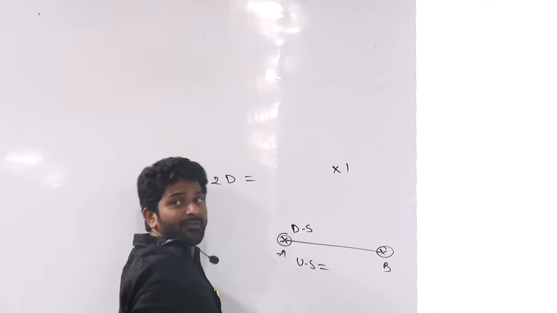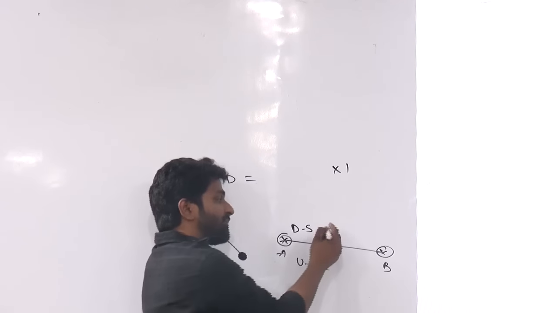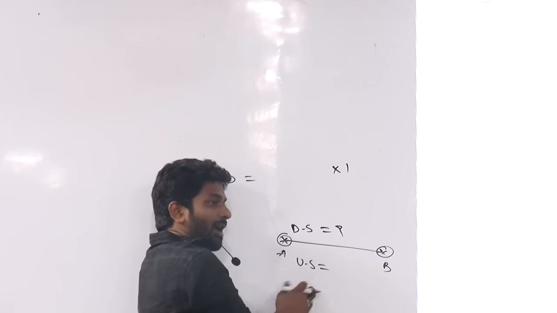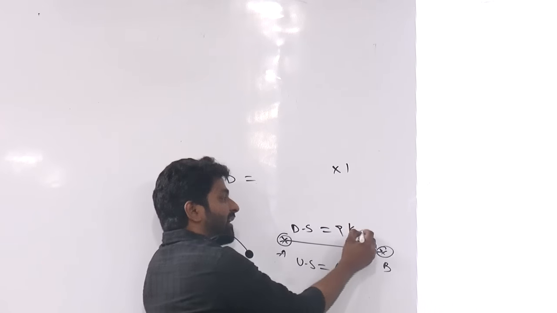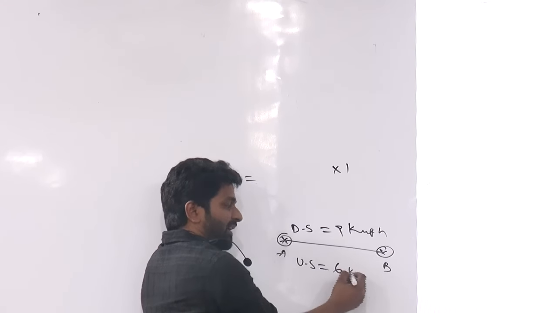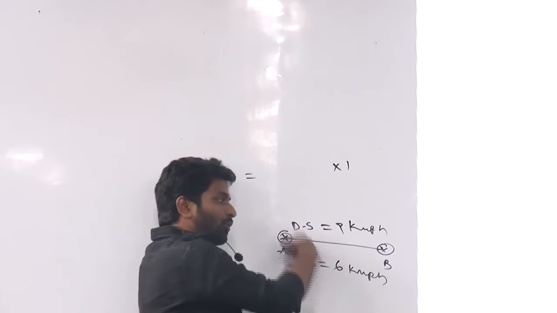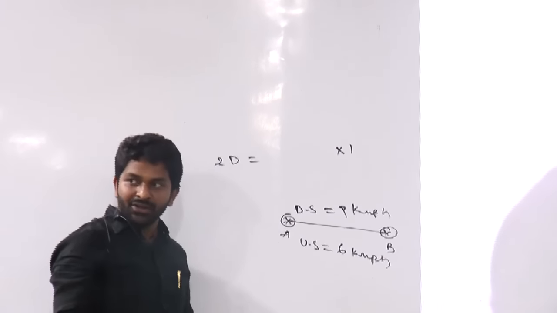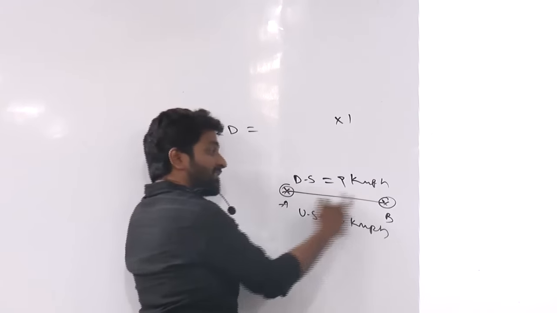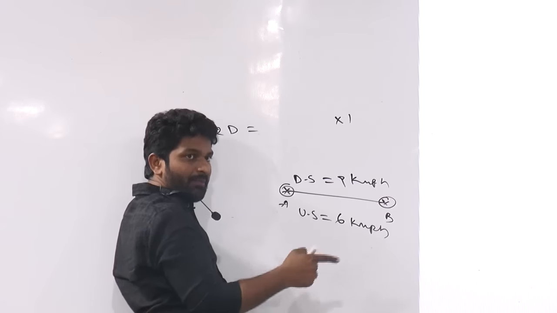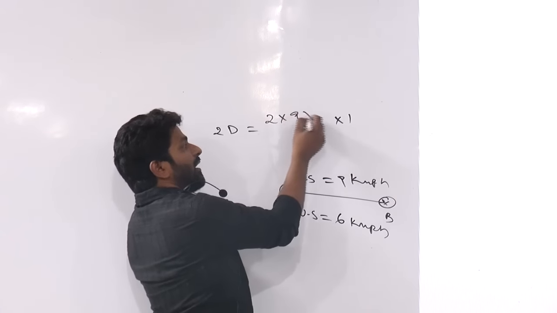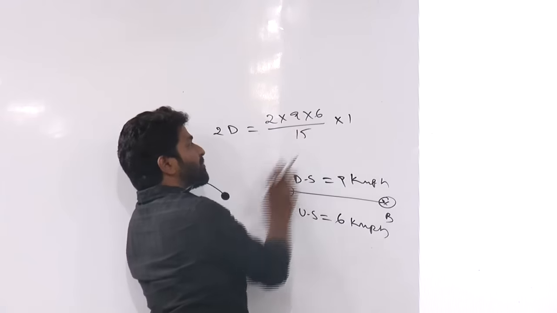Man speed is 7.5, stream speed is 1.5. Downstream speed becomes 9. Upstream speed becomes 6. So it is 9 km per hour and then return journey is 6 km per hour. Total journey for entire speed, in the sense average speed. Average speed, in the case where distance between two places is the same, will be equal to 2ab by a plus b.